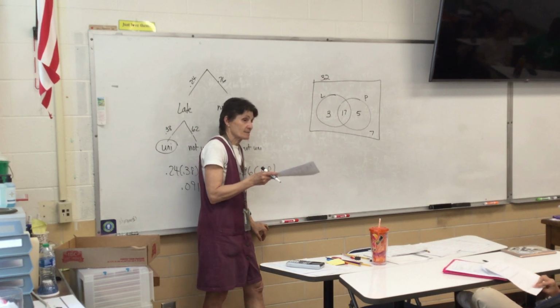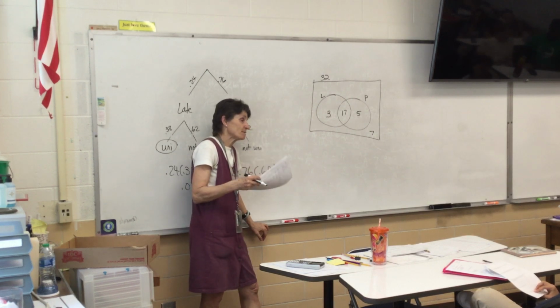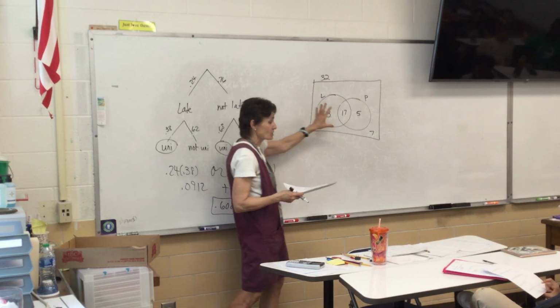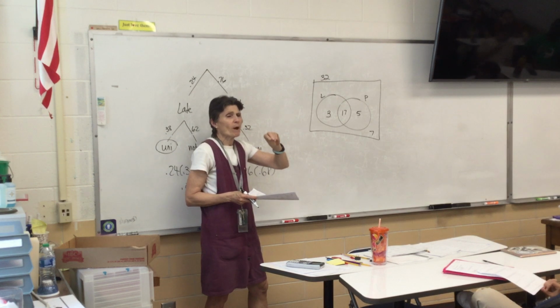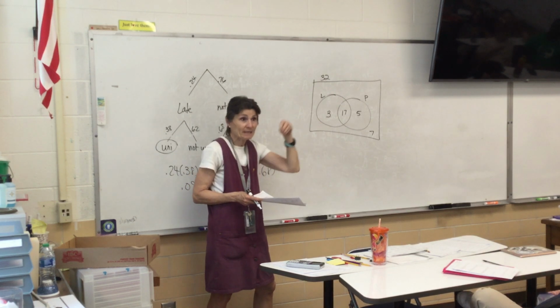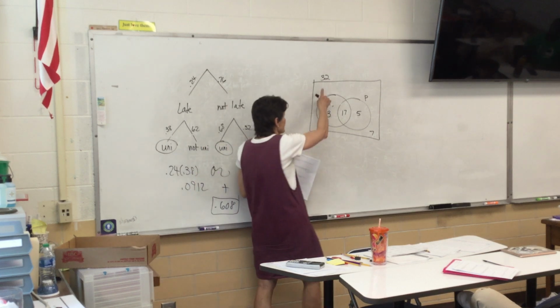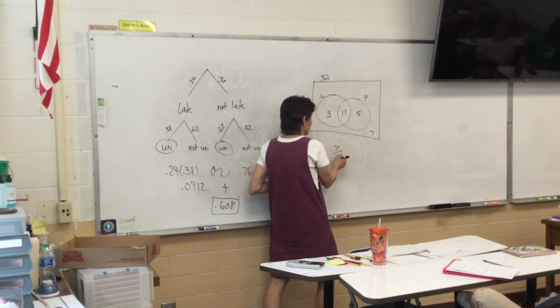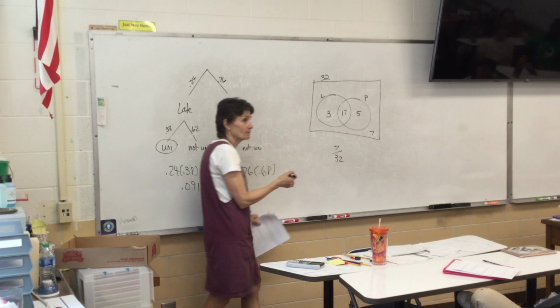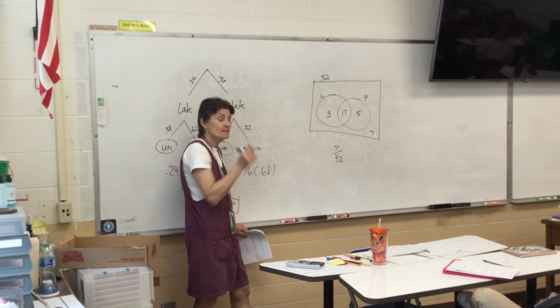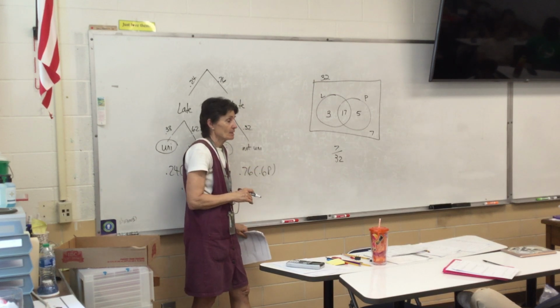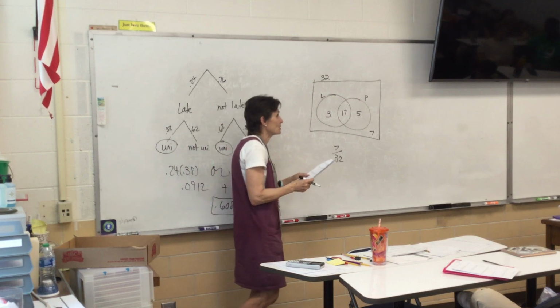On the test that you just got back and turned back to me, you had a question just like this, but it was, what's the probability that if I reach in and grab a kid, he won't like either one? Well, if there's 32 kids all together, won't that probability just be 7 over 32? Yeah, the number of kids is 7. The probability would be 7 over 32.